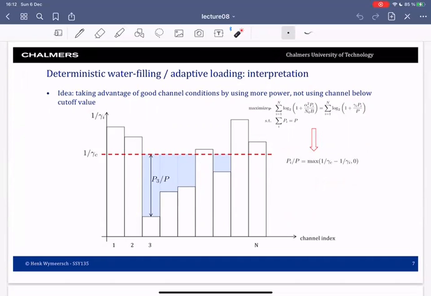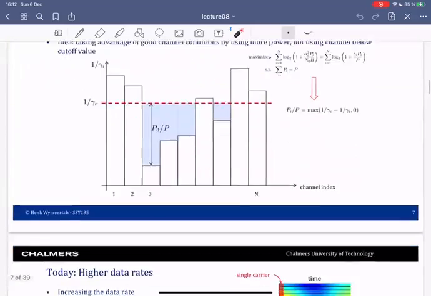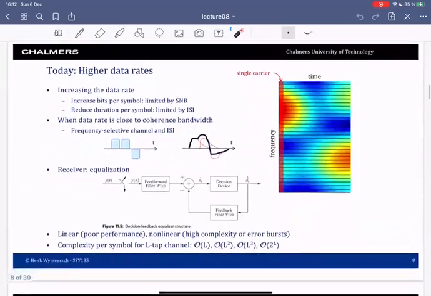Now the picture is a little bit different, but again, the amount of power that you allocate depends on the water level. You can change this water level, which is this red line, up or down when you have more or less total power available. If you increase it, then the total amount of water increases, so you will have more power to allocate. If you reduce it, you have in total less power to allocate.